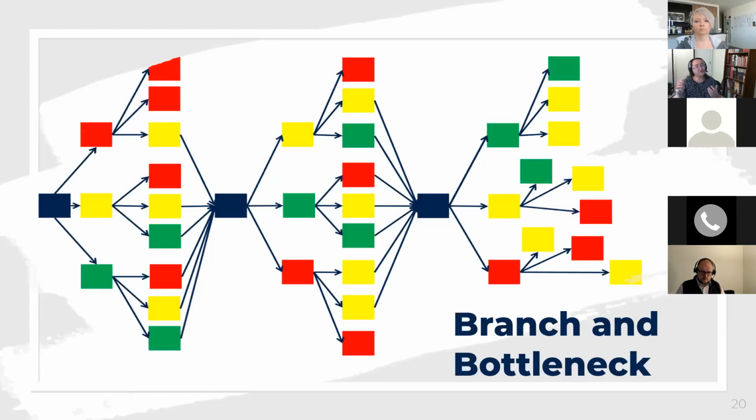So an alternative to the time cave is what's called the branch and bottleneck structure. You branch into different options for a little while, but then all of the paths return to a single bottleneck. That bottleneck is an event or choice that happens the same in every single path.